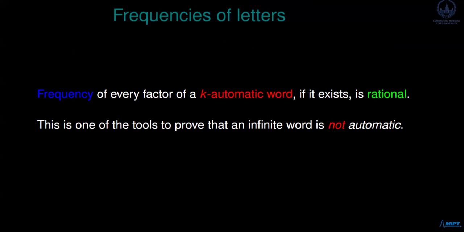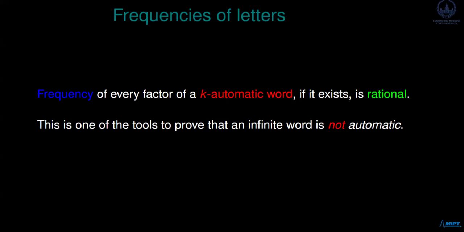Frequency of factors: the frequency of every factor in a k-automatic word, if it exists, is always rational. This means that if you compute how often a particular factor or letter appears in the word, the resulting ratio will be a rational number.